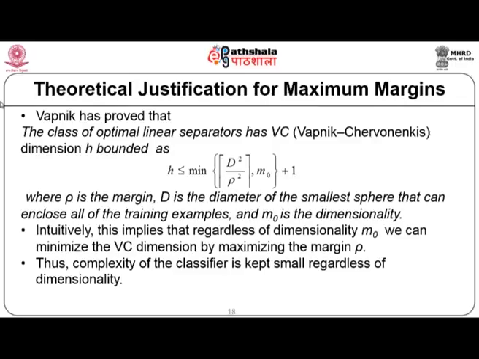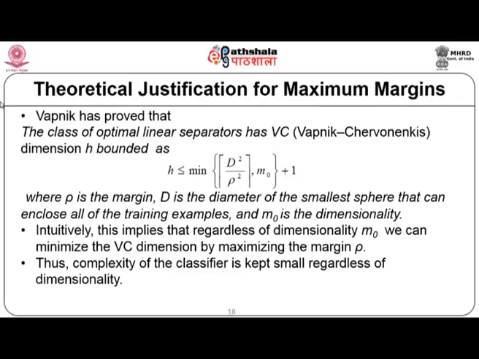Now, we are trying to find a justification for the maximum margins. Why should we use maximum margins? What Vapnik is saying is, we are always trying to find the optimal linear separating plane. It will have a dimension h which is bounded by the minimum of d squared by rho squared and m0. m0 is the dimensionality of the data space. d is not the dimensionality, d is the diameter of the smallest sphere that encloses all the training points.